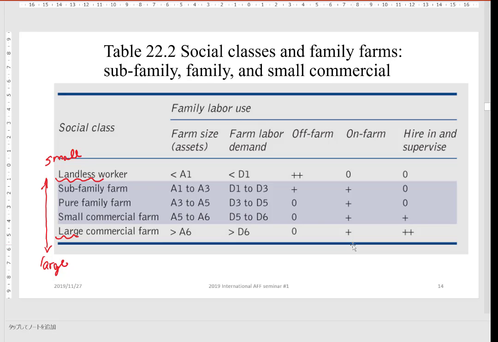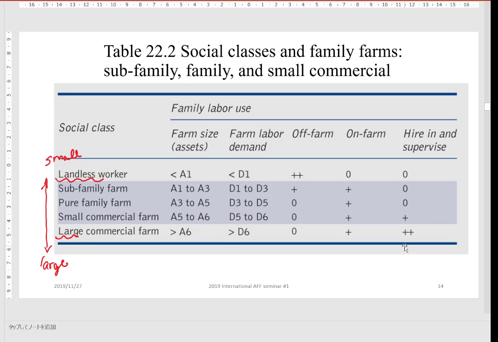Since they own relatively large farmland, they need to recruit, and on top of it, they might not want to work because they have their land asset.